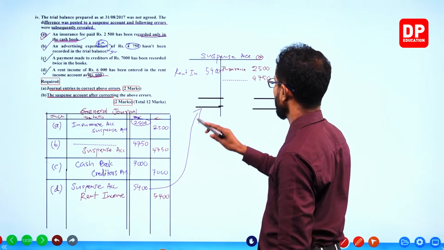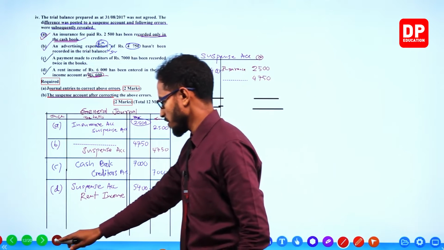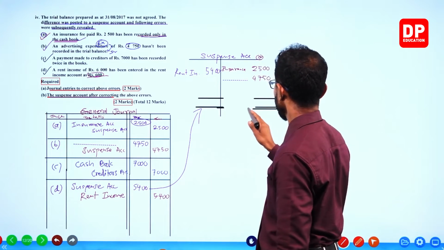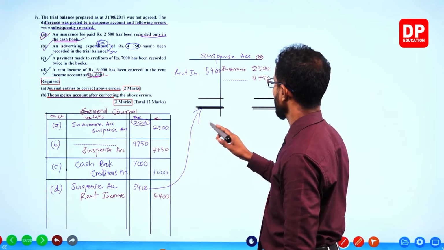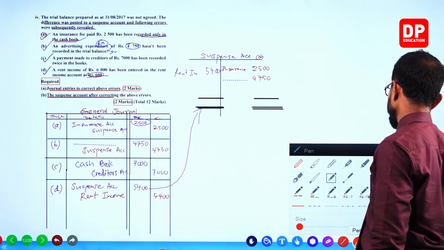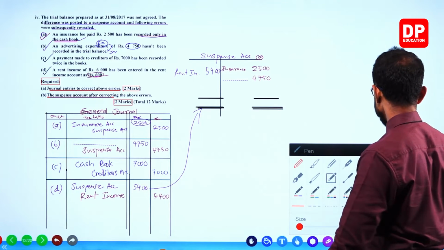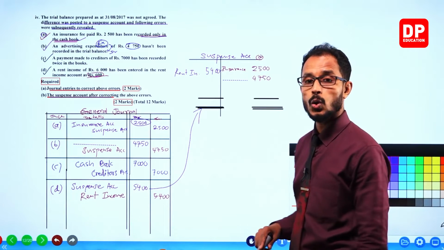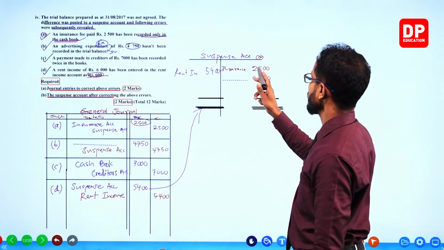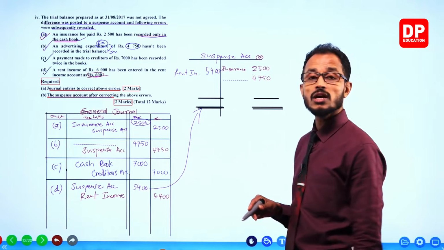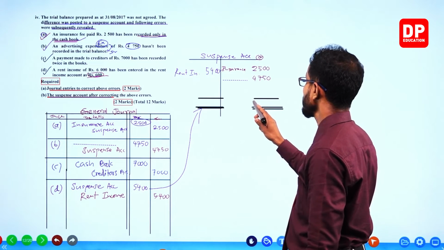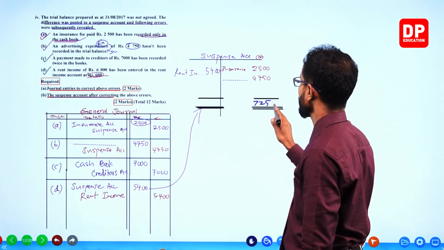Which side is the greater total? It's this side, the credit side. 4,750 plus 2,500 is 7,250.